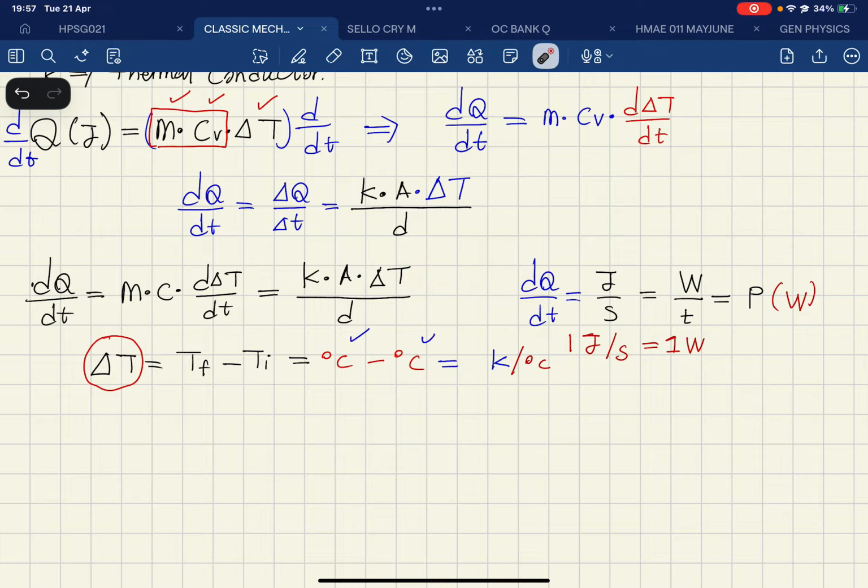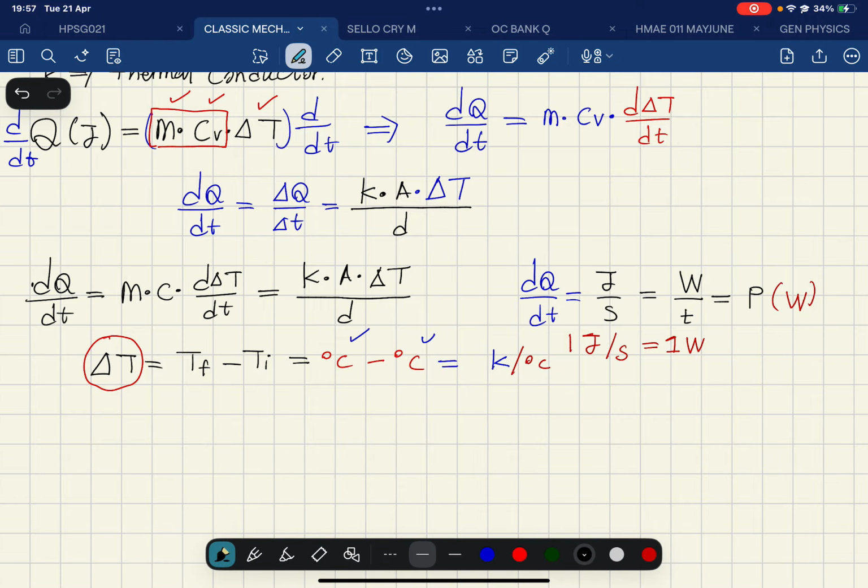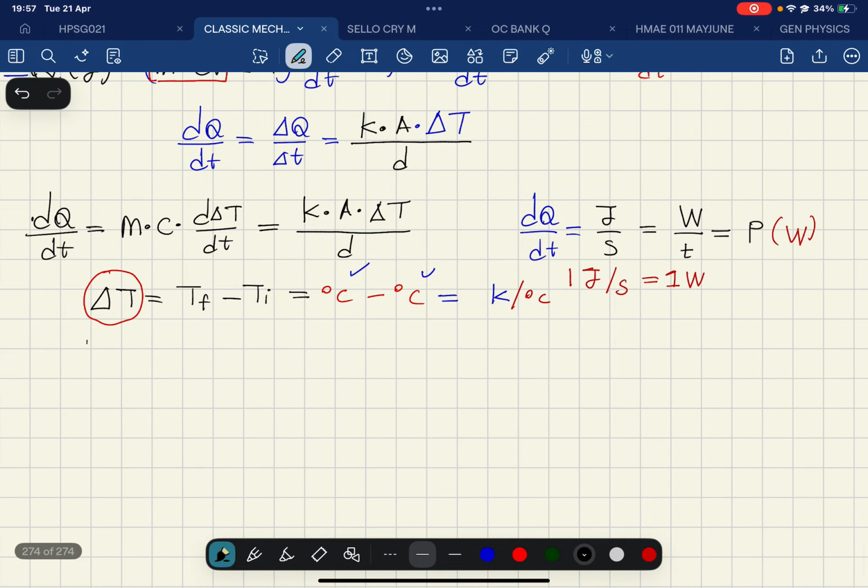Understand? So now, let's try and find the SI unit of K. We know that dQ over dt is equal to K multiplied by the area multiplied by the change in temperature, all divided by d, which is the thickness. So let's substitute our SI units.